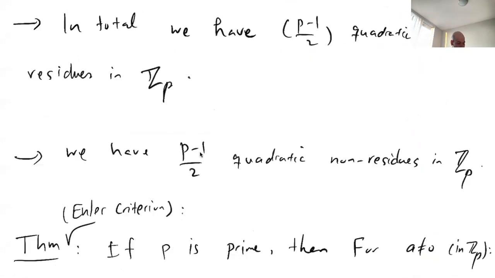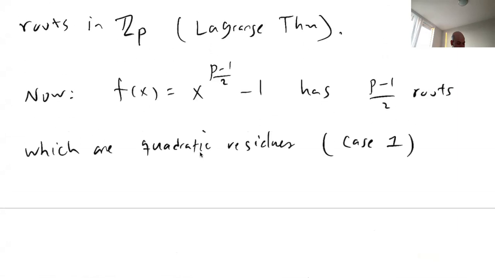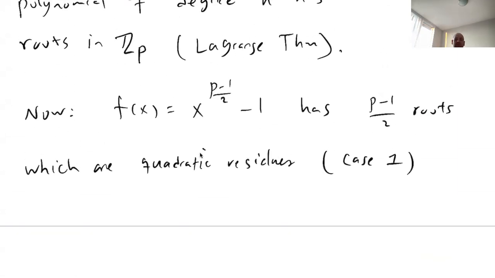So if every quadratic residue is a root of this function f, and we have (p minus 1) over 2 quadratic residues in total, that means we have no other possibility left, because this function has at most (p minus 1) over 2 roots, and I already found (p minus 1) over 2 roots for it. So no other possibilities left to be a root of this function other than these (p minus 1) over 2 quadratic residues.